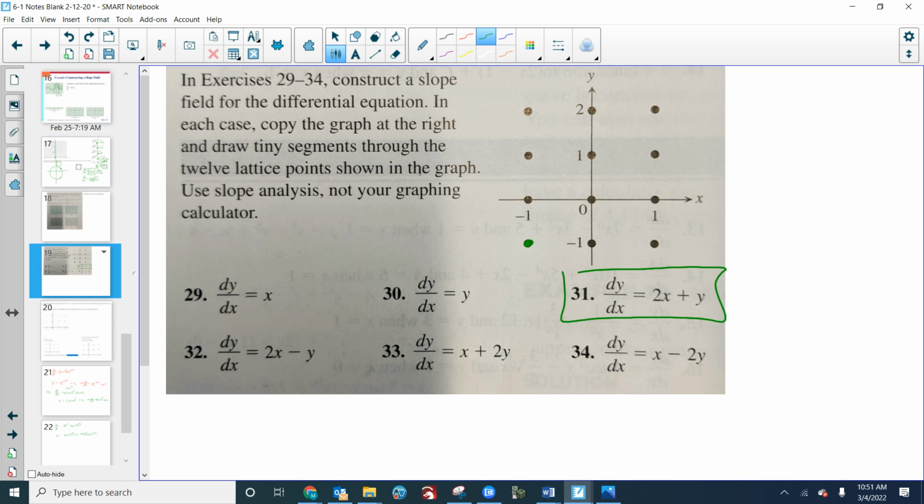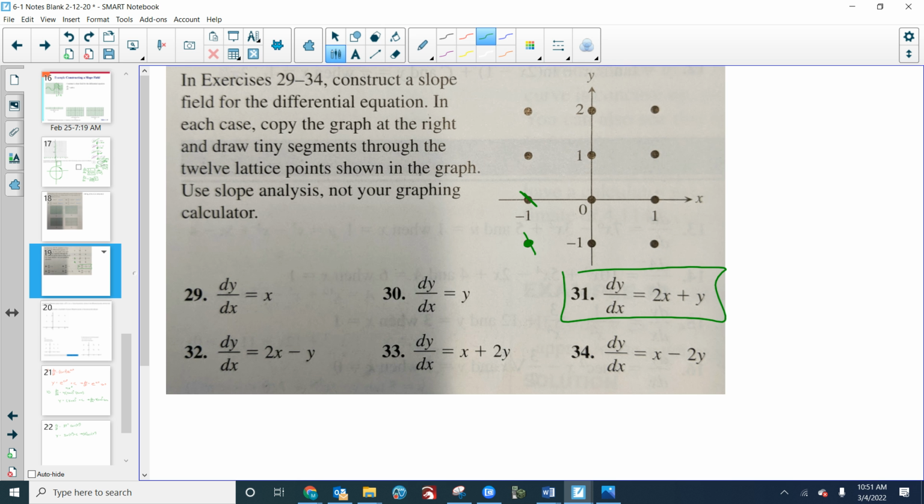Do you agree? Negative 3. Well, how do I graph a slope of negative 3? Like that. Get close. Then I'll move up to this point. What point's this? Negative 1, 0. 0 for x, negative 1 for y. So there's a slope of negative 1. How about negative 1, 1? Negative 1 for x, 1 for y.